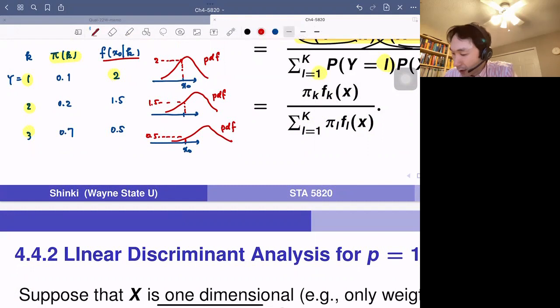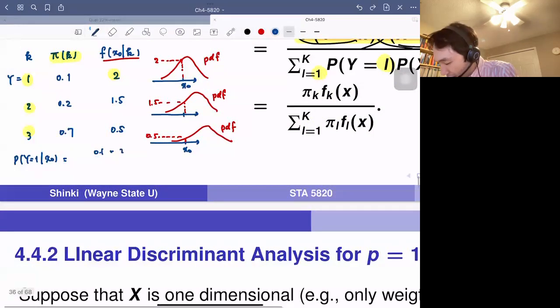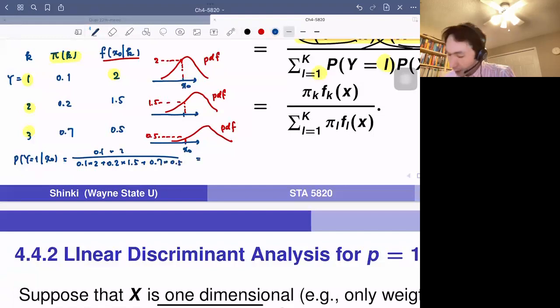So we can see that the probability of y is equal to 1 given x0 is 0.1 times 2 over the summation of the 3 terms: 0.1 times 2 plus 0.2 times 1.5 plus 0.7 times 0.5. Actually, this probability is not very high.